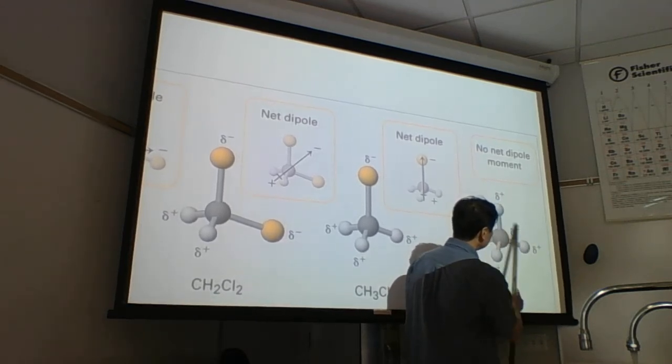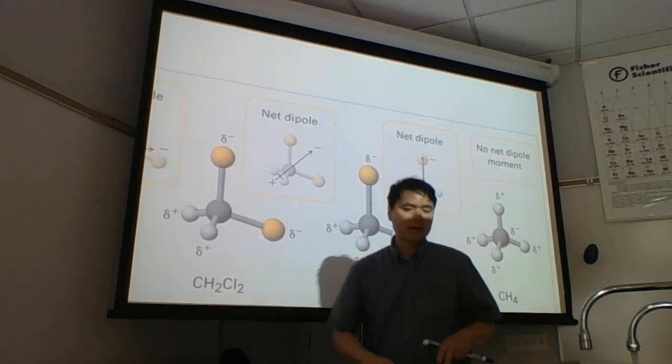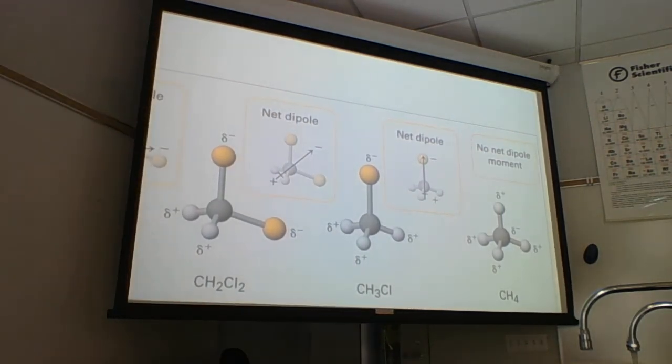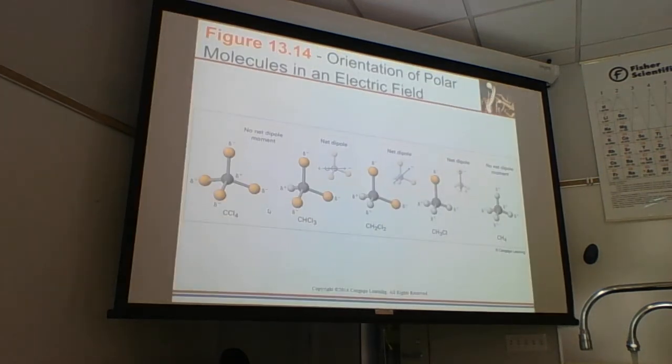And so even if this is asymmetric and things don't cancel out, it's still non-polar. No matter how funny the shape of a hydrocarbon is, all hydrocarbons are non-polar. And so I don't like putting double pluses and double minuses on hydrocarbons, like your book does.